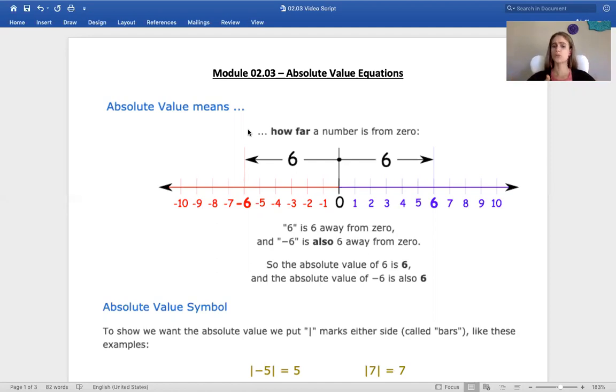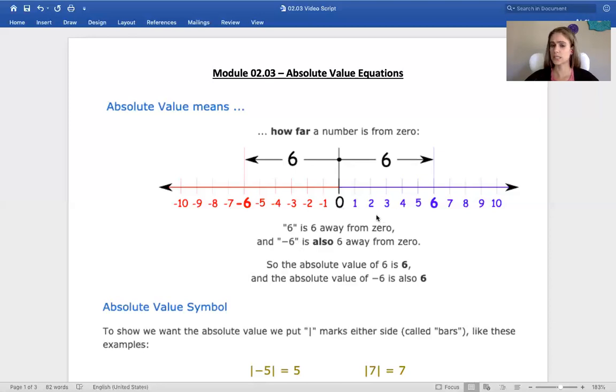So that's why when we refer to absolute value, since it references a distance, since it's how far away it is from zero, the absolute value is always a positive number, because even if we go backwards or if we turn around, we're still adding to our steps. We're adding to our mileage.